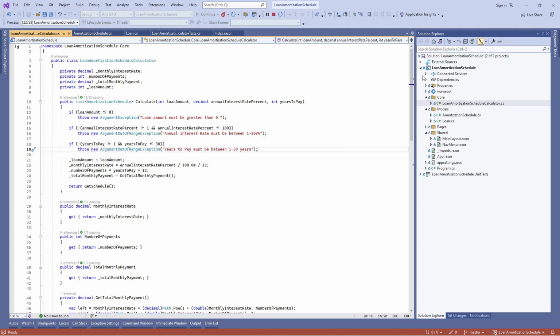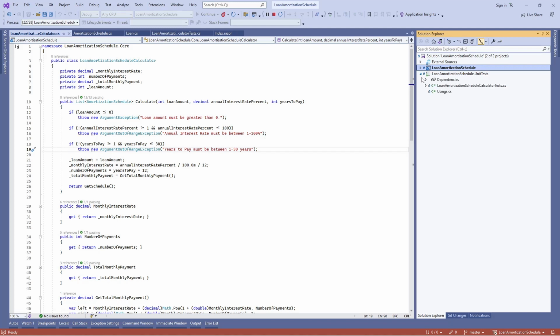If you notice on our Solution Explorer, I have also added a unit test project. With this unit test project, we will be doing several tests for the different functions and the different validations that would be needed for this method.